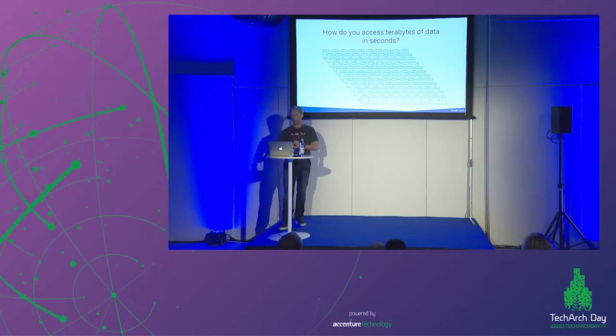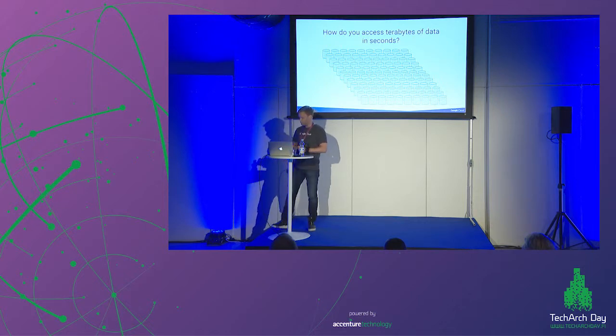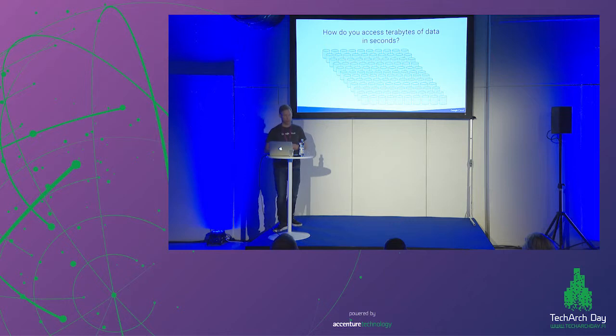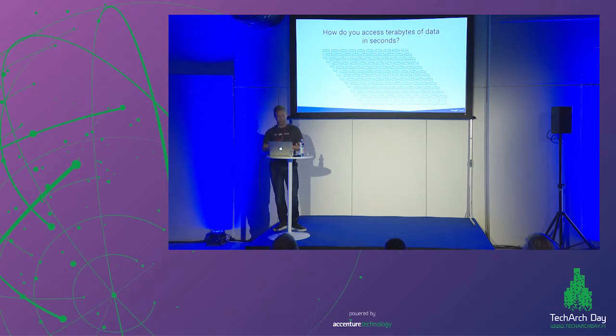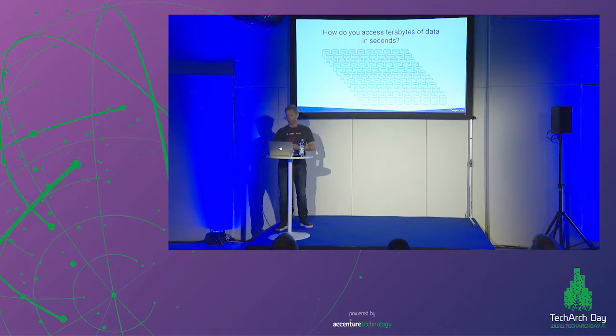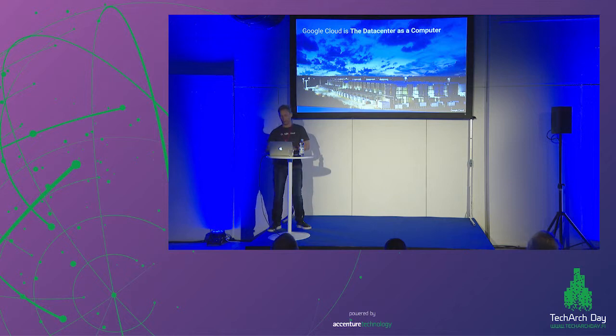We couldn't wait minutes, hours, days in order to get insights out of our data, since we were running a growing ads business. So we had to figure out how can we read terabytes of data from disks in seconds. And we came up with, okay, we need like 5,000 to 10,000 hard drives and read them in parallel in order to do that. So that's when we started to build our infrastructure.